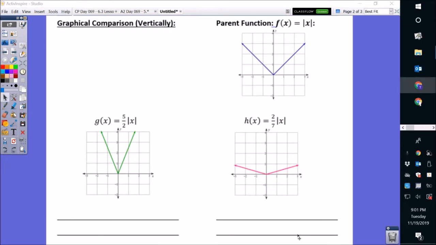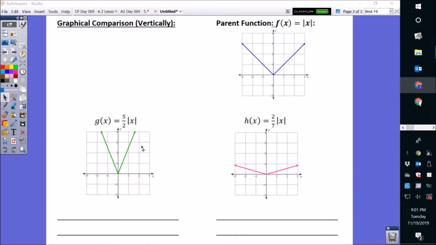Here, I wanted to go over the graphs and compare them in terms of vertical dilation. For the vertical dilation, if we look at the parent function at the top right, here's a graph of it.